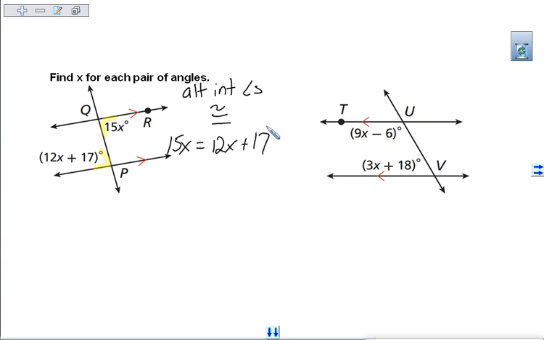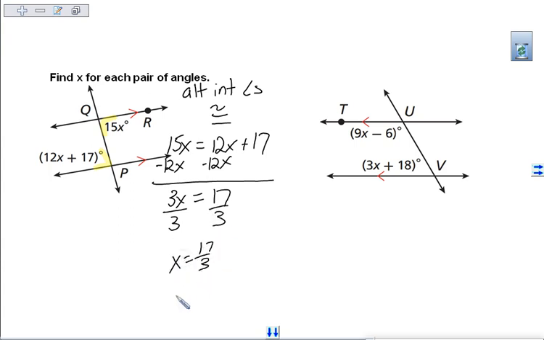What are we going to do now? Subtract 12x from both sides. So 3x equals 17. And then divide by 3. So x equals 17 thirds.